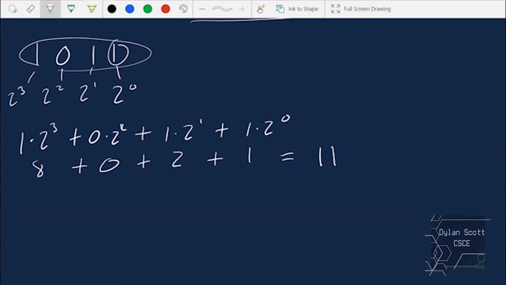When you have 4 bits, it's called a nibble, and when you have 8 bits, it's called a byte. So 1 bit is just a single binary digit. When you have 8 bits, we consider that to be a byte.